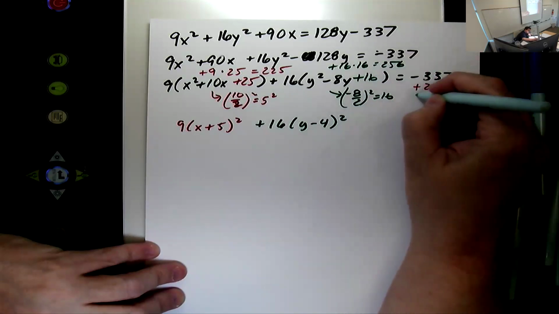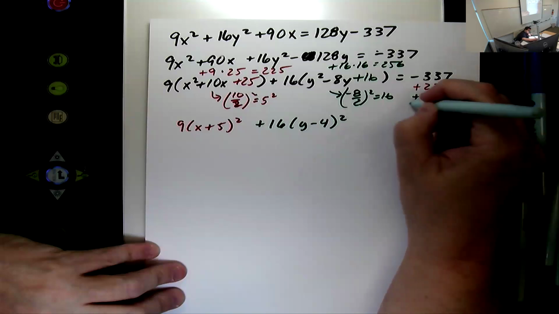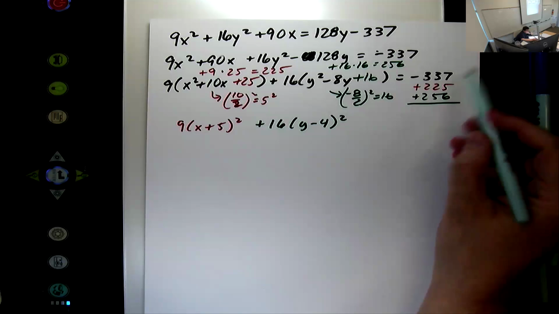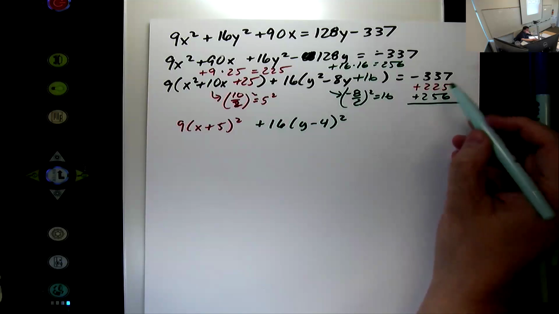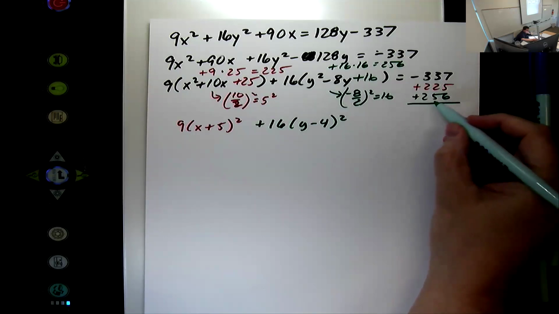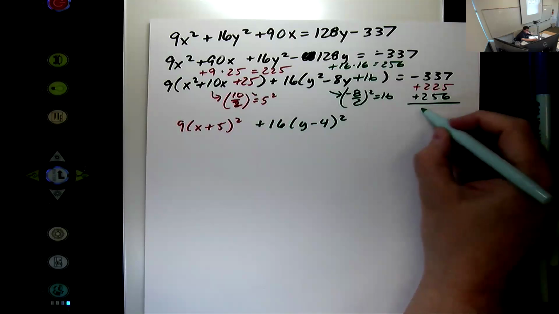Yes. Let's see, those are 12 apart. So 112, 256 minus 112, 144. Yeah.